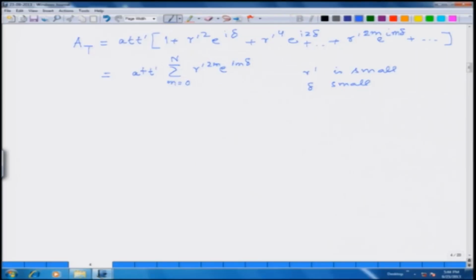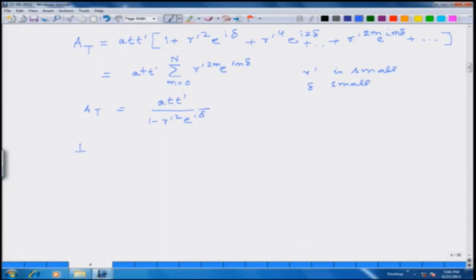So, delta is also small, we have shown it enlarged in the earlier figure. If I do that, this is basically a geometric series. So, I can write A of t as A t t prime divided by 1 minus r prime square exponential i delta.